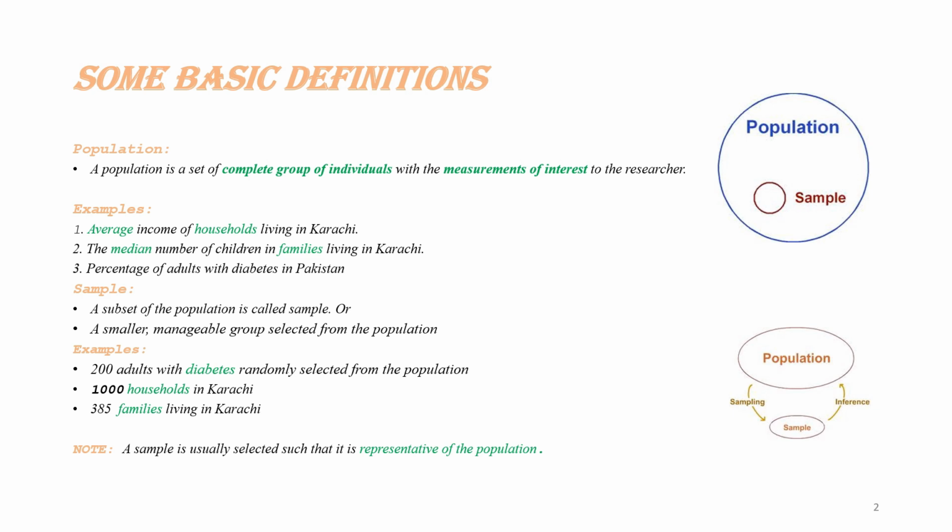For example, 200 adults with diabetes randomly selected from the population. Here the sample is 200 adults with diabetes.